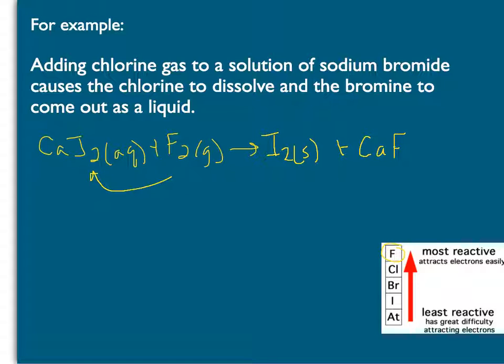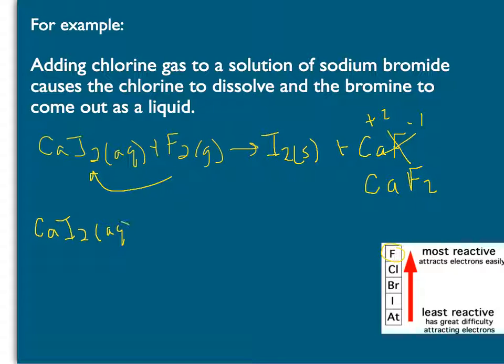We have to check charges. Calcium this time is in group 2, so it's a +2, and fluorine as a halogen is -1. So we're going to switch it, and it's going to become CaF2. So now we need to rewrite all this.